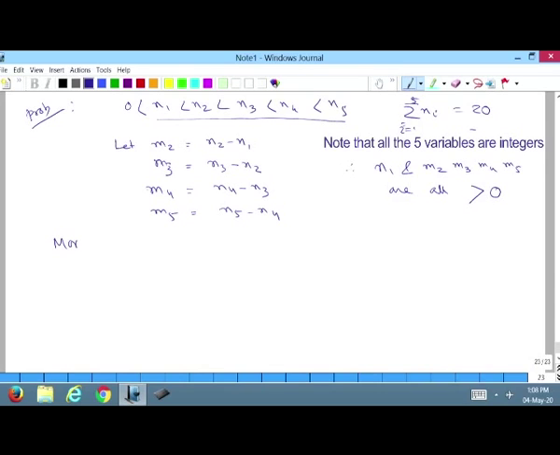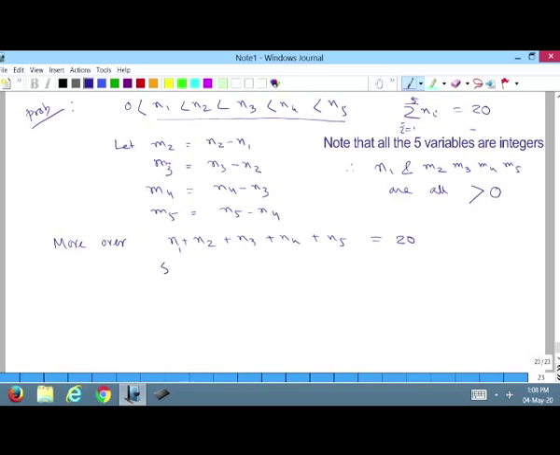Moreover, n1 plus n2 plus n3 plus n4 plus n5 is equal to 20.